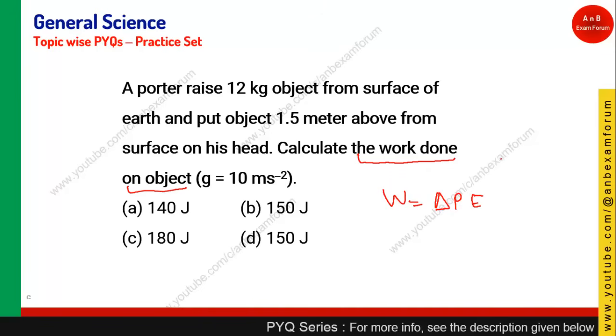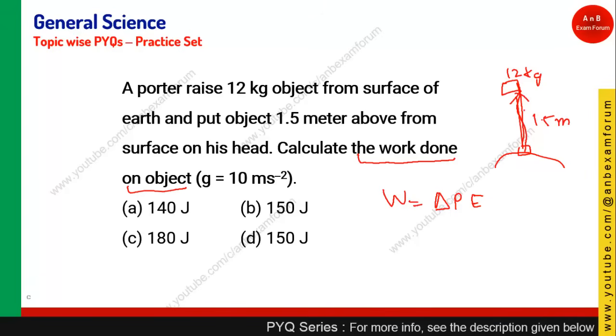So what the question says is that the luggage was here, and it was raised up to 1.5 meter, of mass 12 kg. So you need to calculate the work done which was done on the object.